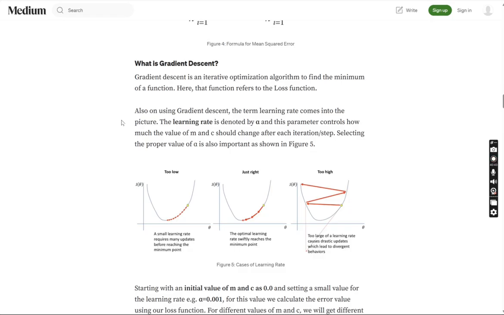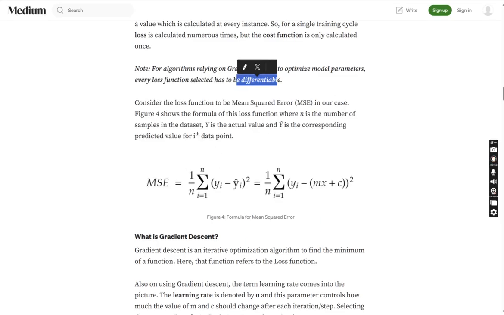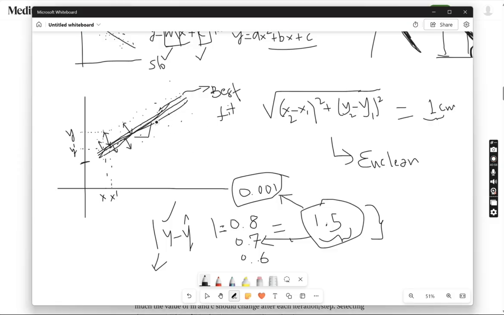Then there is a concept of learning rate. Gradient descent and learning rate. Now fine, you figured out the least amount of line. How did you figure it out?